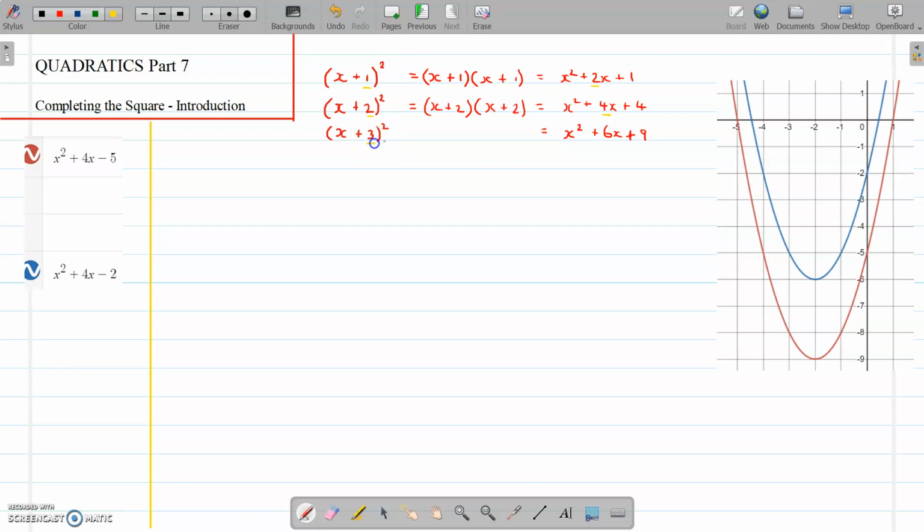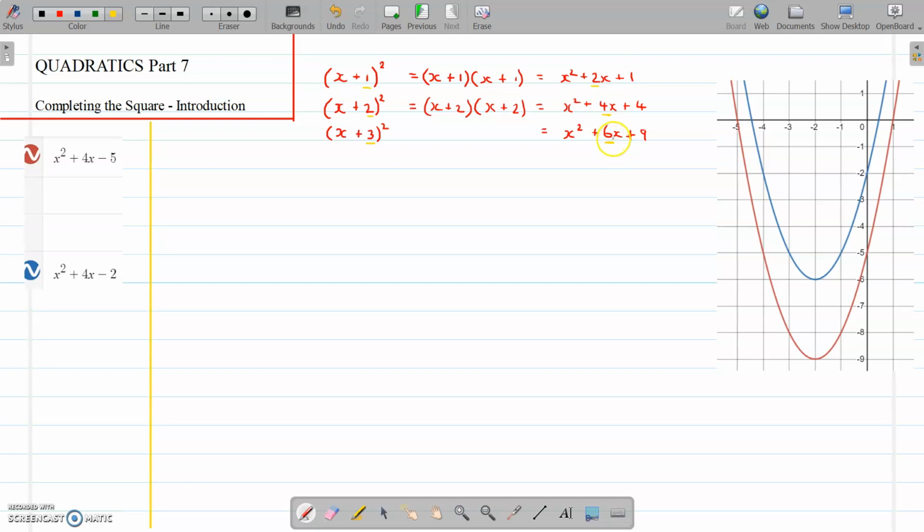Double the 3 gives me 6, and so on. And that will always be the case. So whatever number is at the end of that bracket, when you square it, will result in the x term having a coefficient of twice that number. Now completing the square makes use of that fact.